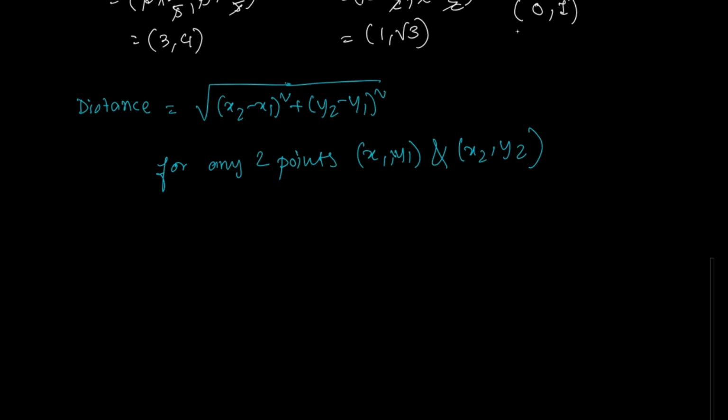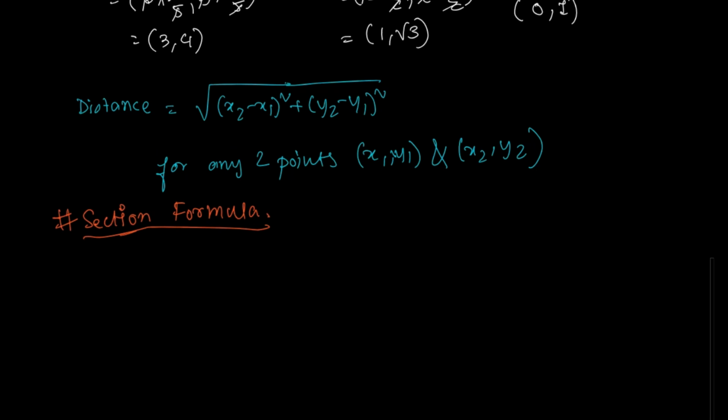Today we'll do a new formula which is named the section formula. What is the section formula? From the name, we can understand that it describes sections. A line is divided into sections.